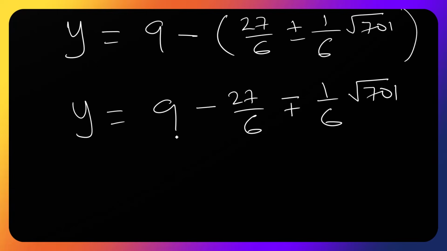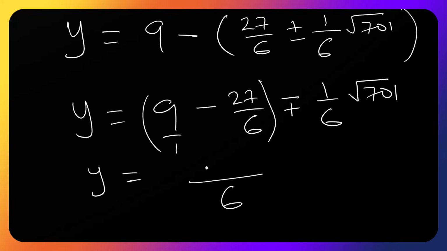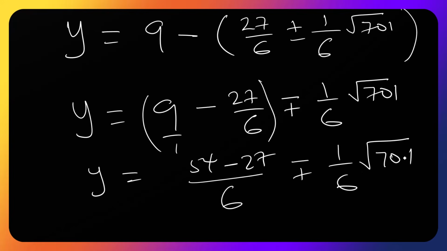So we can deal with this one by one. So we have 6 here. So this side will be 6. 1 6 is 6, 6 9s are 54, minus 27, minus plus 1 over 6 square root of 701.